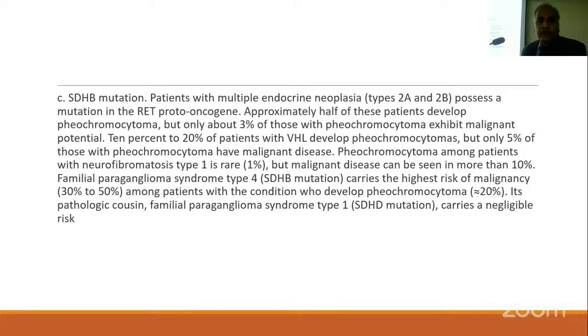PHEO among patients with neurofibromatosis type 1 is rare, but malignant disease can be seen in more than 10%. Familial paraganglioma syndrome type 4 carries the highest risk of malignancy. Among patients with the condition who develop PHEO, its pathological cousin, familial paraganglioma syndrome type 1, carries a negligible risk.